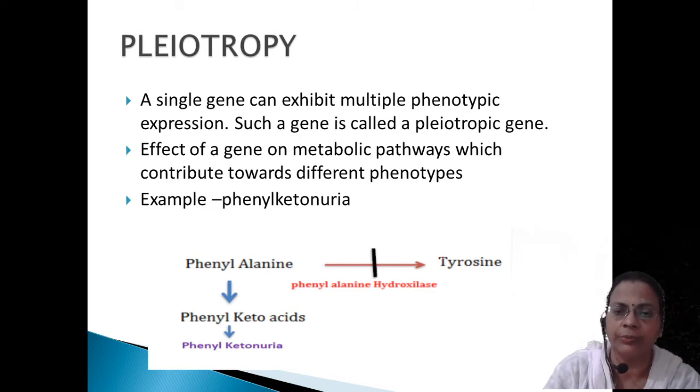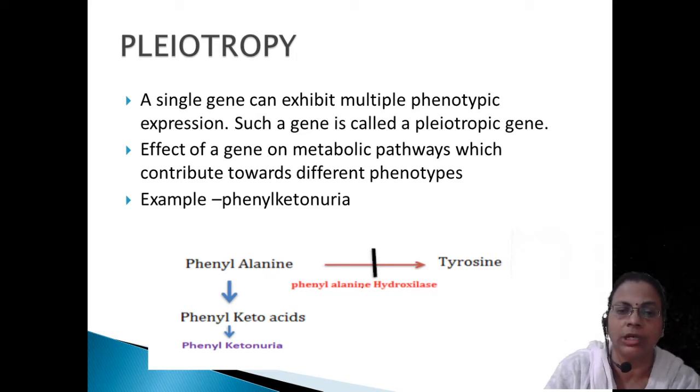But if a person is inheriting a defective gene, that means small p, from his parents, then in his body the phenylalanine hydroxylase will not be produced.